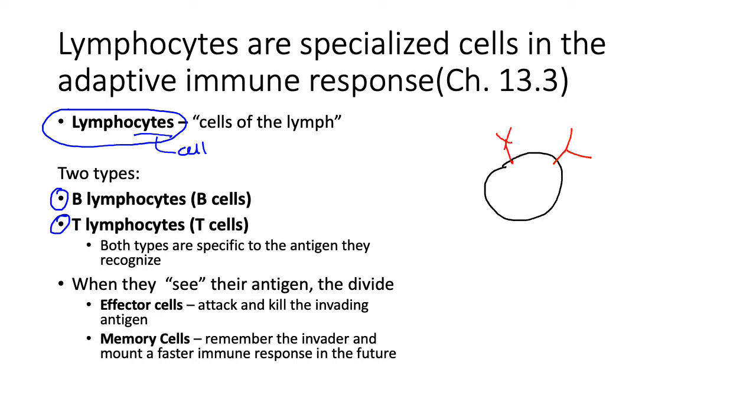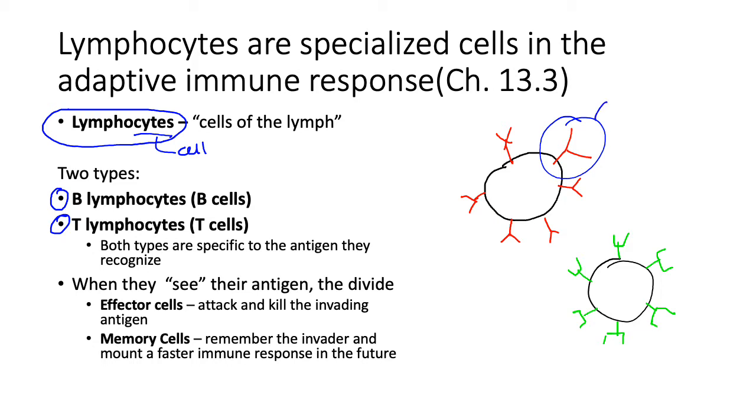So one cell, for instance, might have receptors that are triangular in shape. Maybe another has receptors that look different. So we have different receptors, and those receptors cause these lymphocytes to be very specific to the antigen they recognize. These structures are responsible for recognizing antigens.